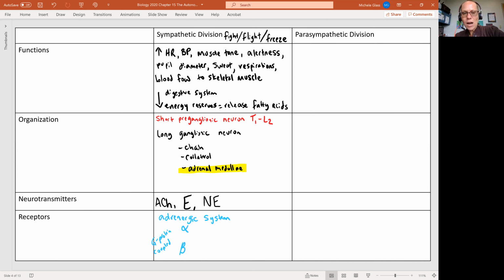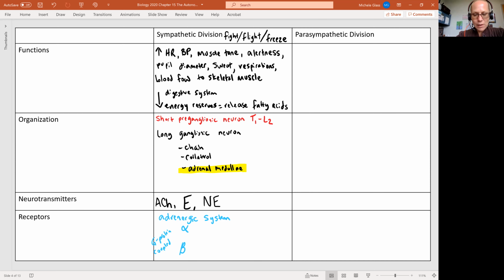When we talk about your alpha and your beta, it is more nuanced, right? So we've said that each cell gets to make its own receptors, and there's two types of alpha receptors, and there's three types of beta receptors. Let's go into that in a little bit of detail here.